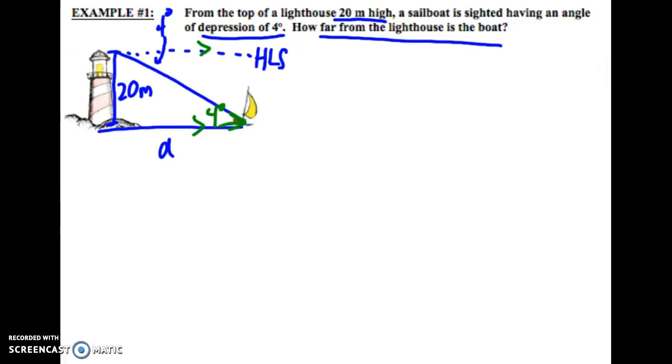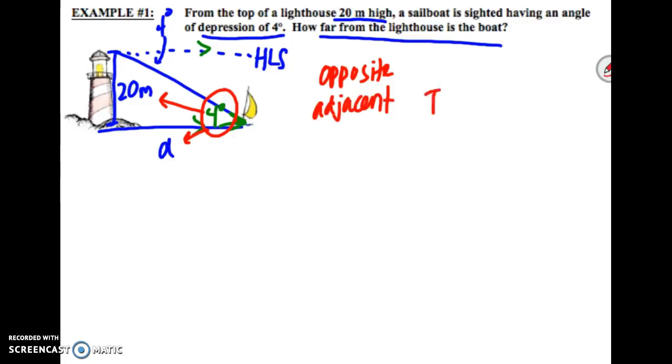Using the angle of 4 degrees, we need to look at the other measures that we know. We know 20 meters, which is the opposite side. And what we're trying to find is the adjacent side. If we know opposite and adjacent, we might as well use tangent, because thinking of SOHCAHTOA, tangent uses opposite and adjacent.